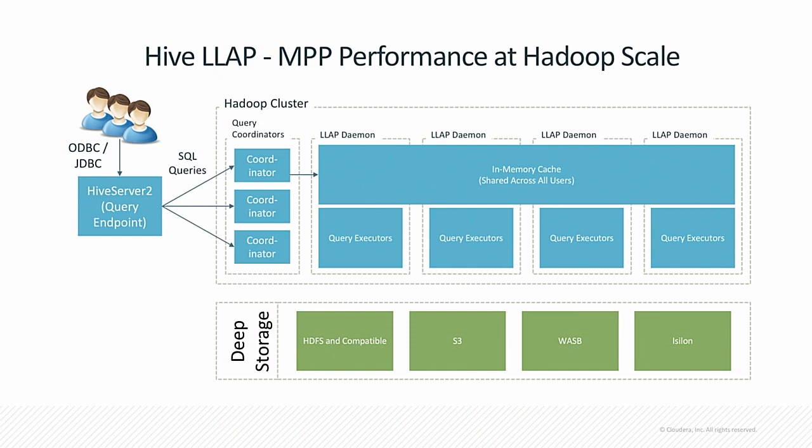First off, just a quick introduction to Hive. It's kind of the original SQL engine on Hadoop. So the front end consists of Hive Server 2, which is a JDBC server, which is responsible for receiving connections, compiling queries, and then submitting the query to the cluster for execution.